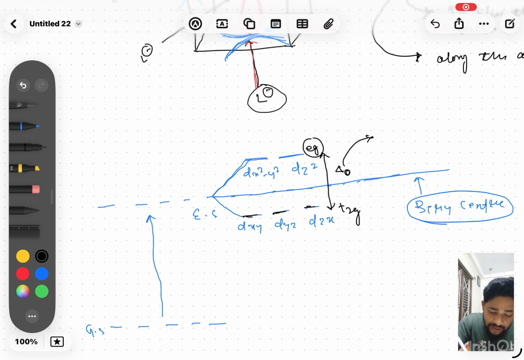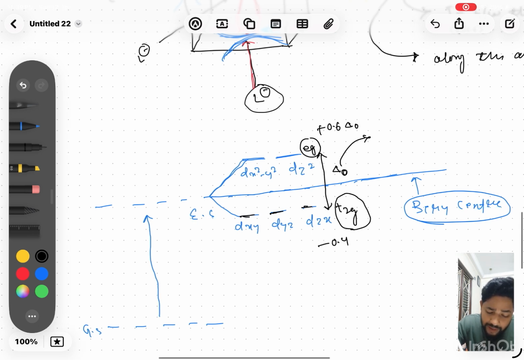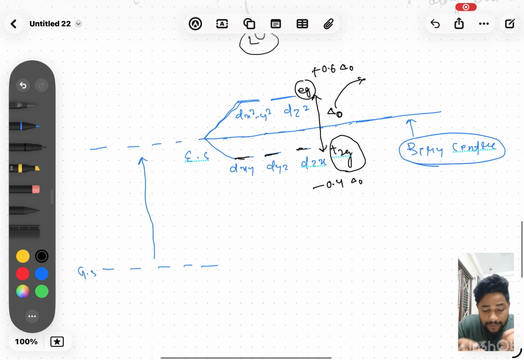The total energy is delta O, three parts, that means plus 0.6 delta O. And the t2g set is decreased in energy by minus 0.4 delta O, that is two parts. Okay, and the total energy gap is delta O. This is the splitting in an octahedral field.